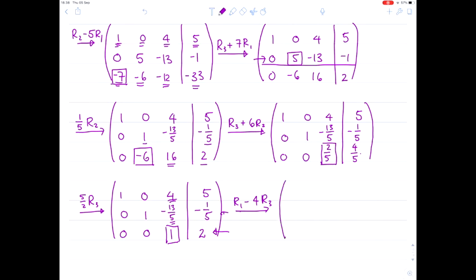And you'll notice that because row 3 has zeros there, it's not going to affect the 1 and the 0 that we carefully worked to get there. So we're just writing down stuff that's not changing.